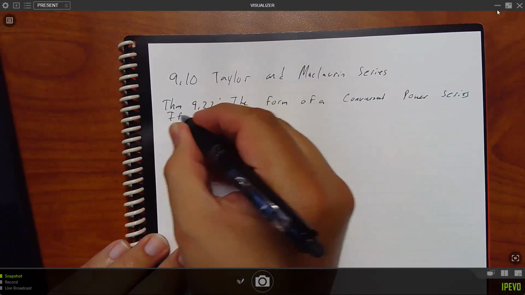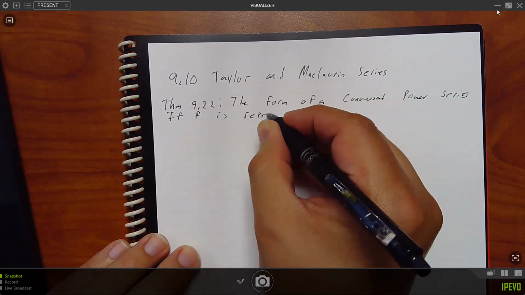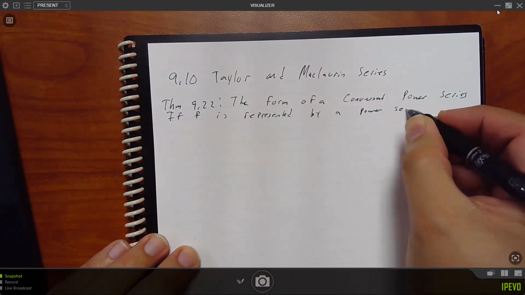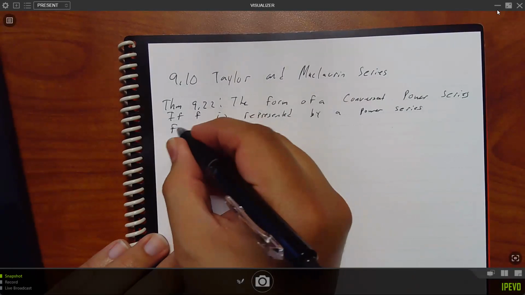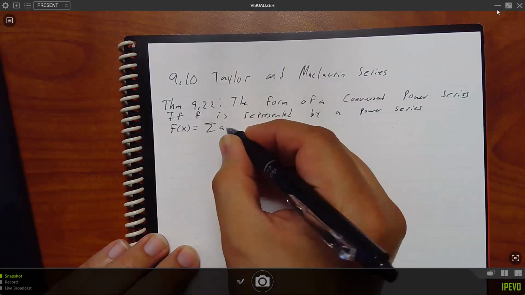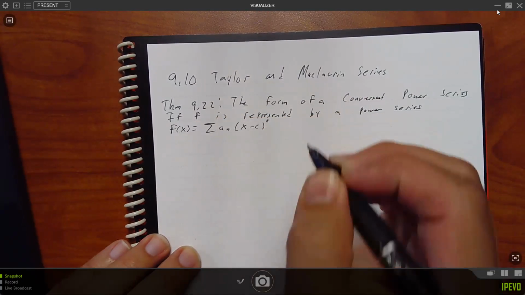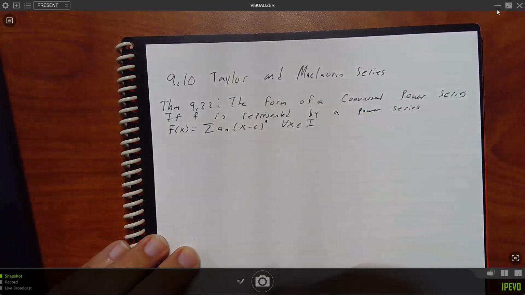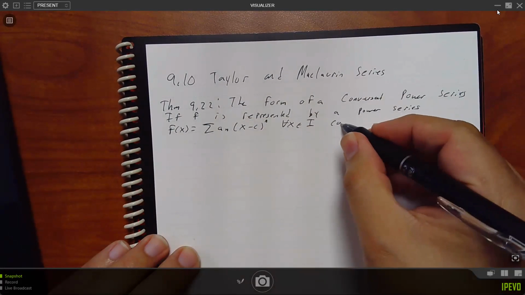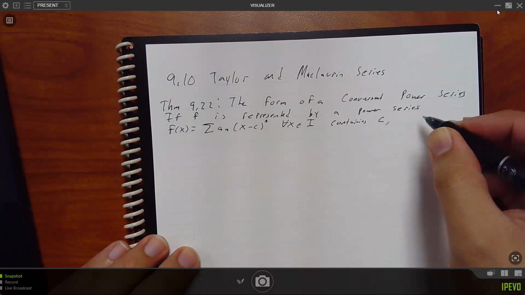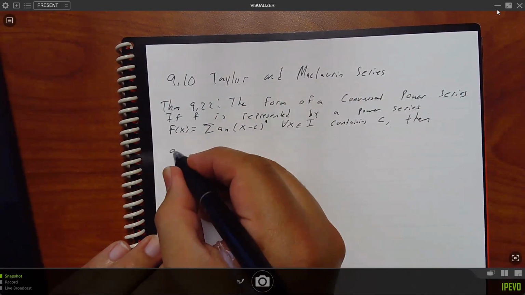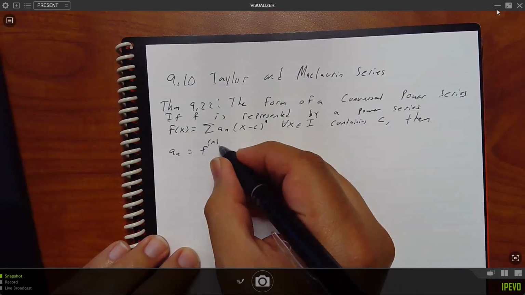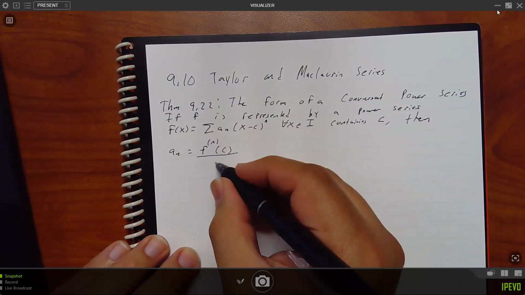So if f is represented by a power series, which we'll call f of x equal to the sum of a sub n times x minus c to the n, for all x in interval I containing c, then a sub n is equal to f to the nth derivative of c, sorry, over n factorial.